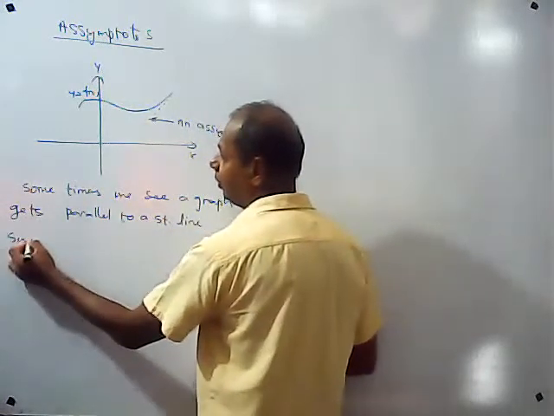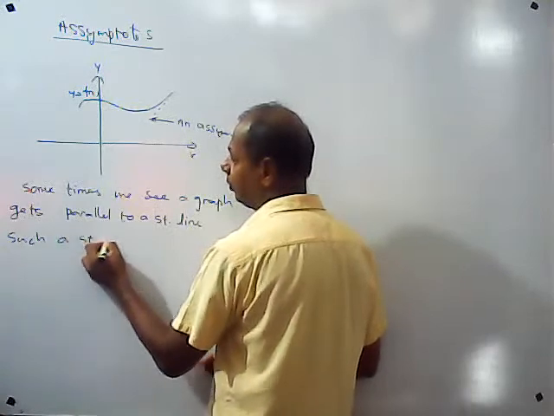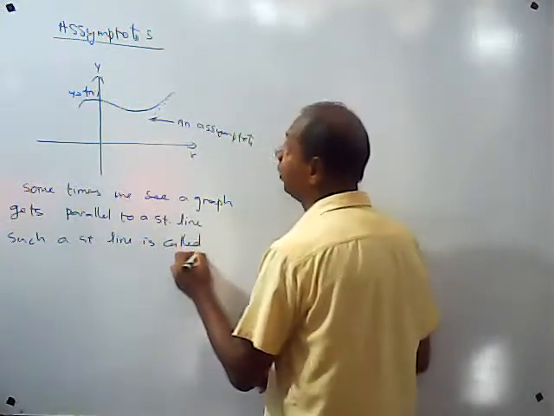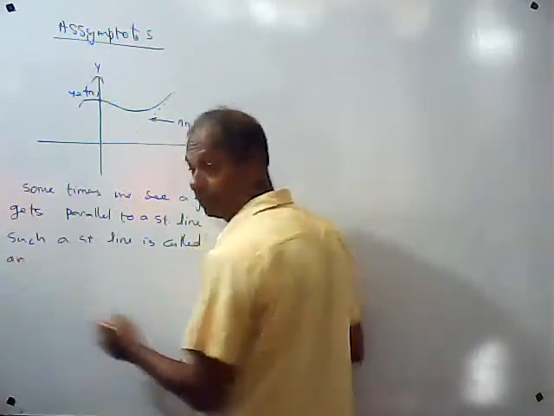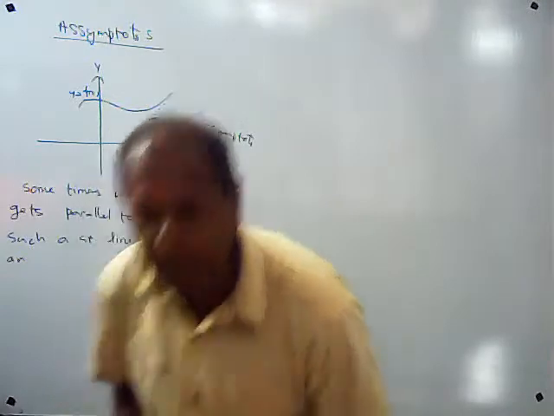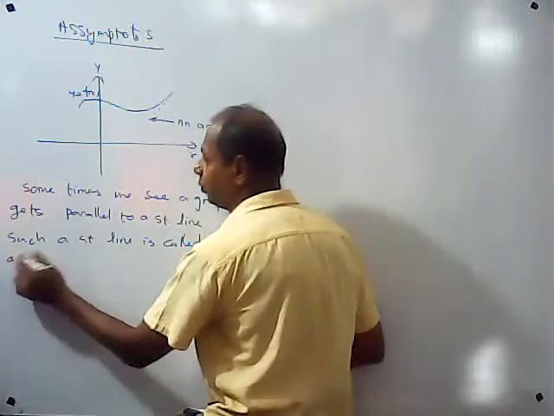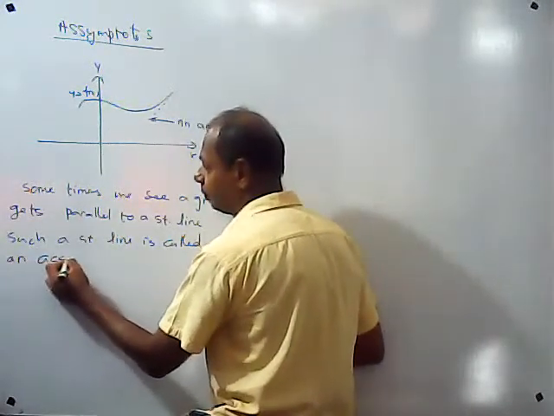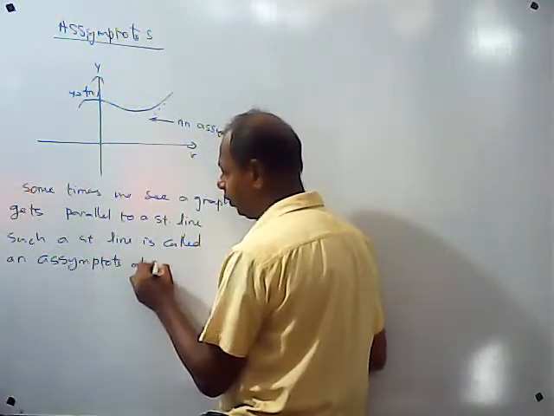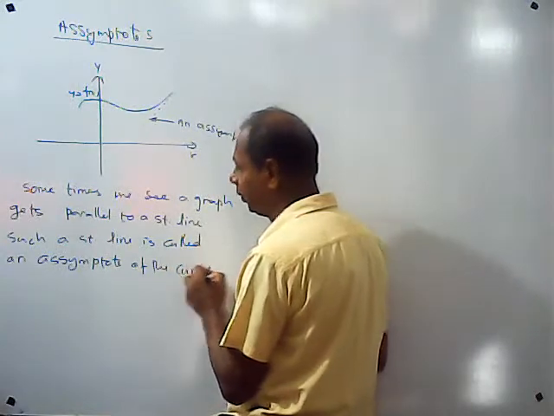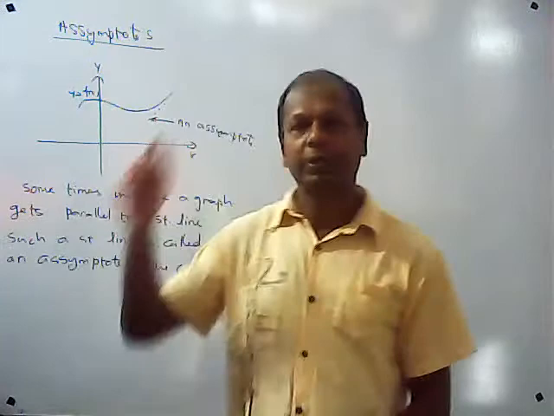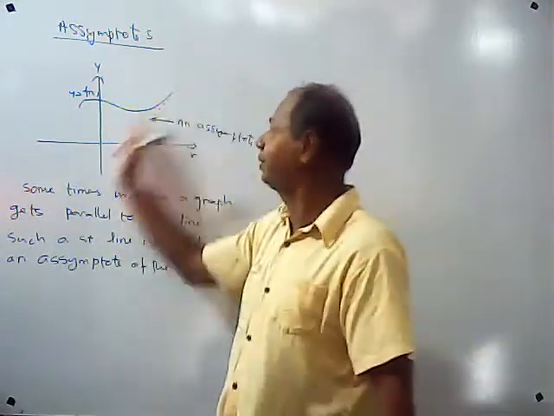Such a straight line is called an asymptote of the curve, right? There can be asymptotes in any direction, right?